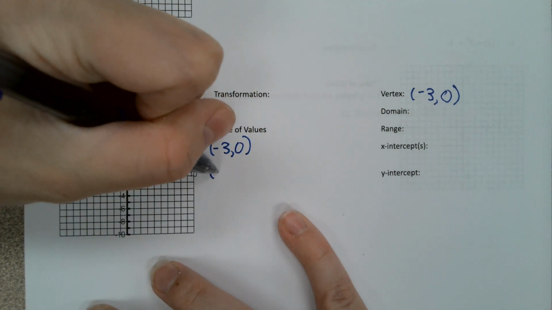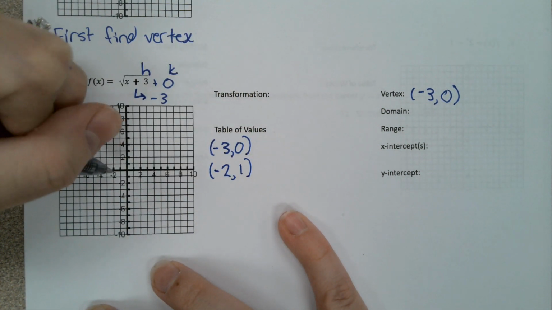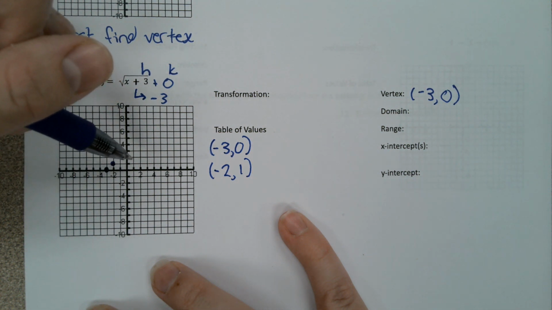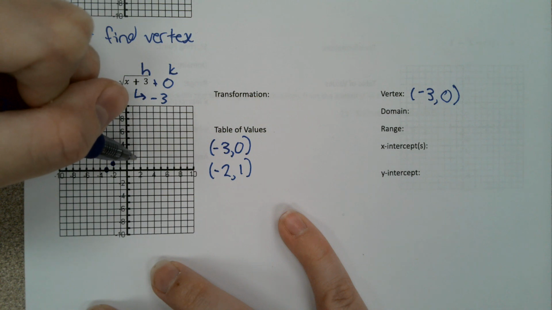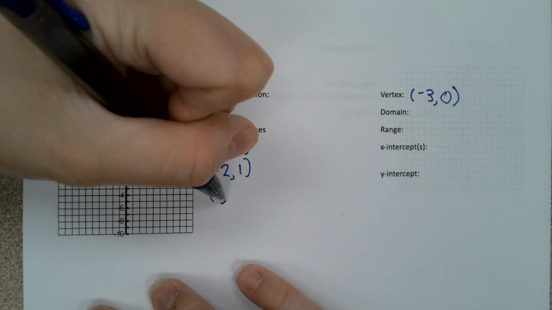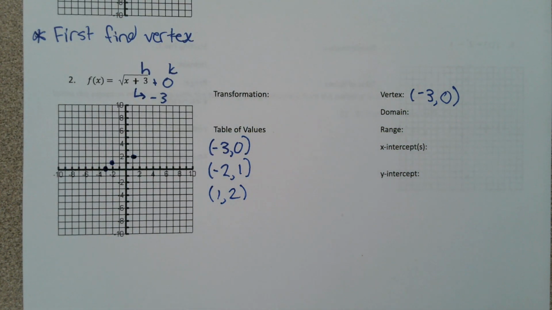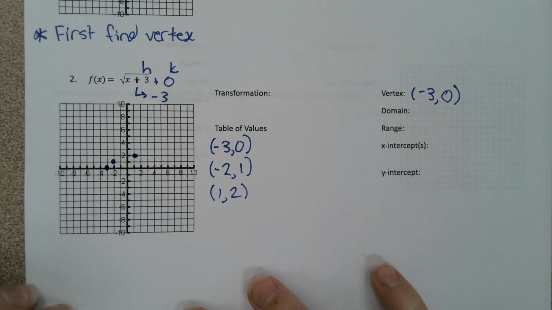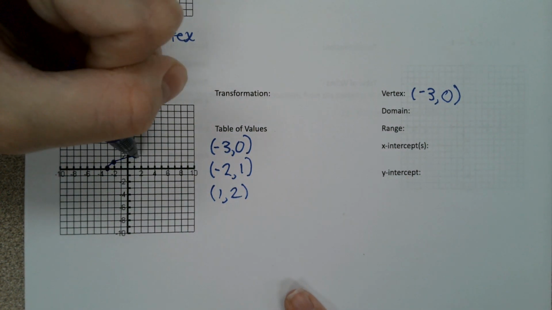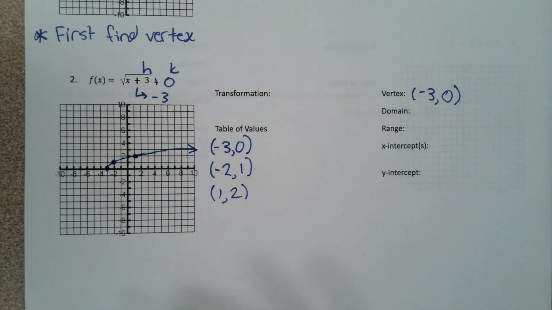Next, I want you to plot -2, 1. And that looks like 1, 2. Those are the points I want you to plot. And then when we draw our graph, what's important to remember with the square root is that it just goes to the right after that.